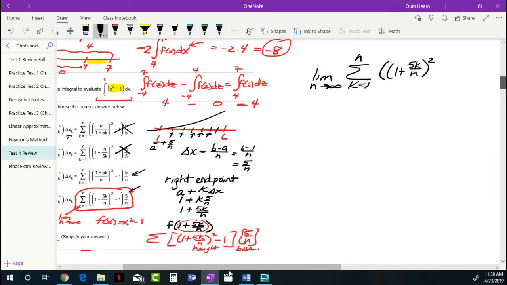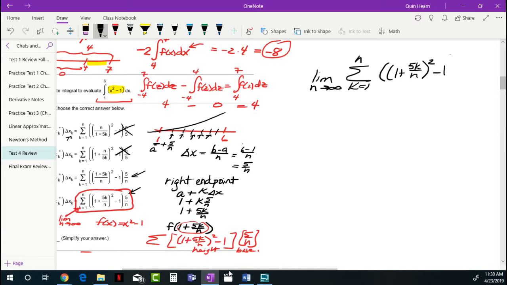Okay, now how do we use that to actually evaluate the integral? We have to take the limit as n goes to infinity. And I kind of take issue with this question because I think they should have written limit as n goes to infinity here. But anyway, let's go ahead and I'm going to write this down off to the side so we can evaluate that limit.